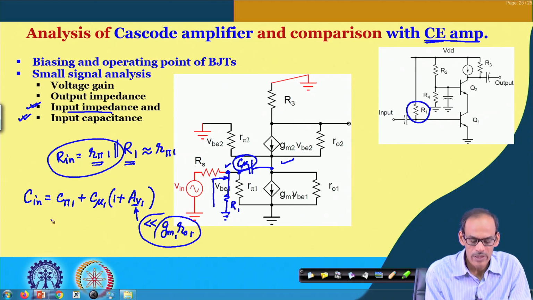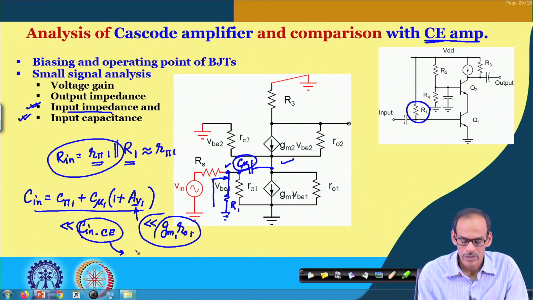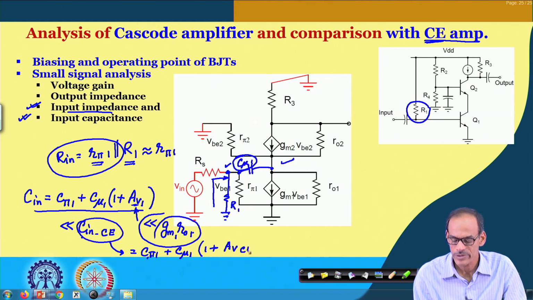If we agree with this, that this is much lower than g m 1 multiplied by R O 1, we can say that this capacitance is much smaller than C in of a standard CE amplifier, where the corresponding input capacitance is C pi 1 plus C mu 1 multiplied by 1 plus the corresponding voltage gain of the CE amplifier.